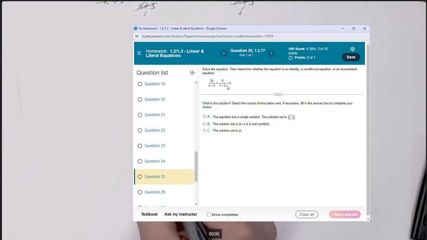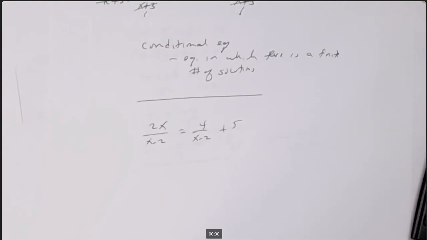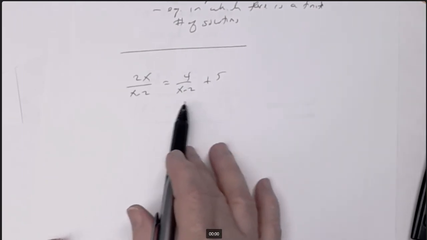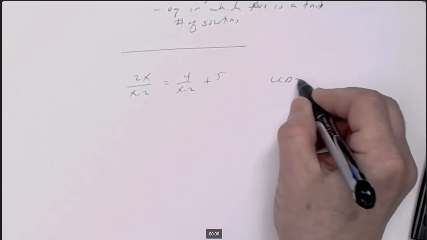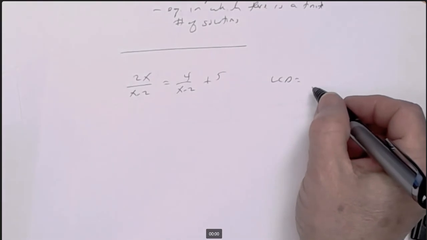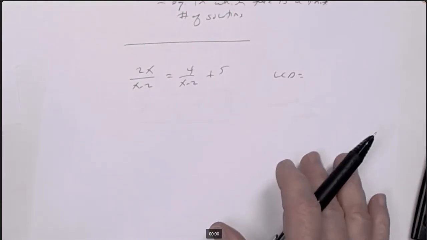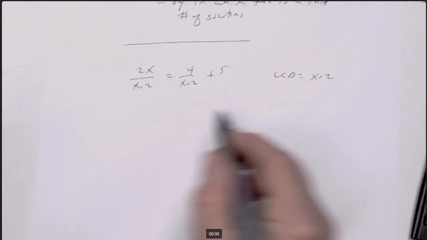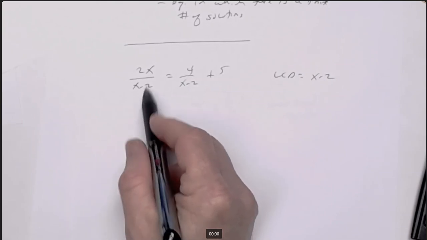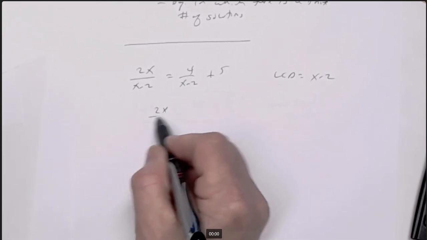All right, so when I come back and I do this one, what's the LCD here? Come on, real quick, x minus 2. So you can multiply both sides by x minus 2. So you have 2x divided by x minus 2 times x minus 2 equal, and then on this side, you're going to put that in parentheses because you have two fractions.